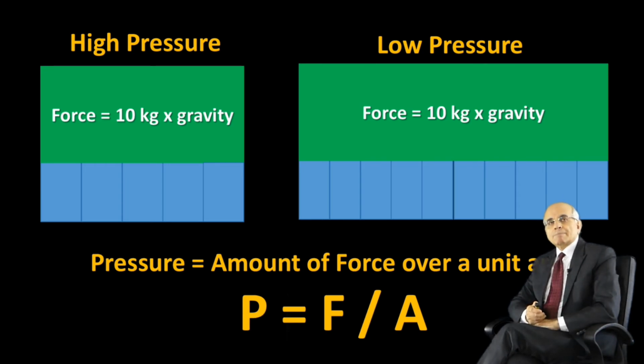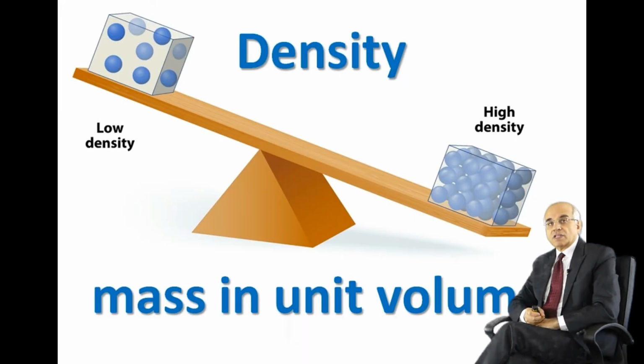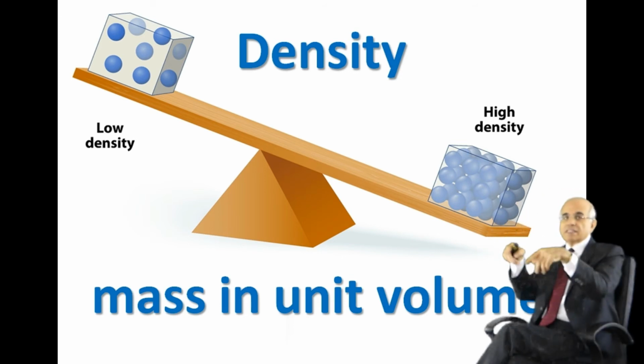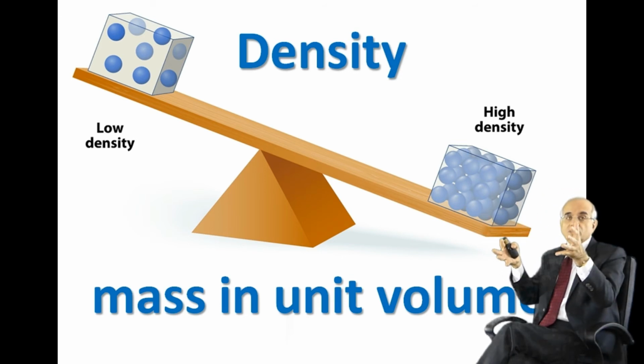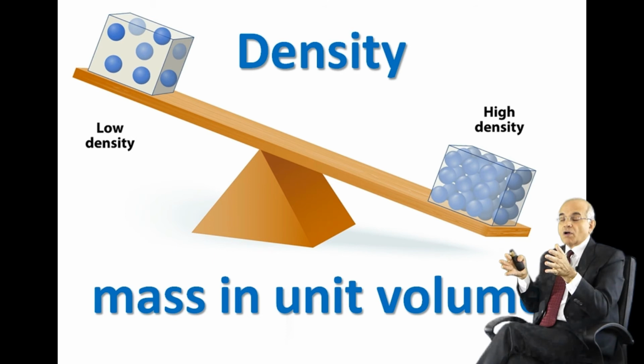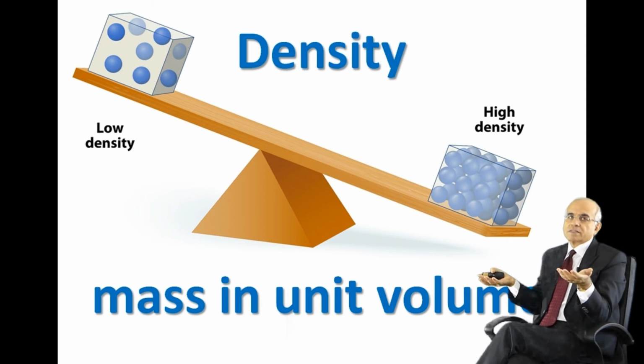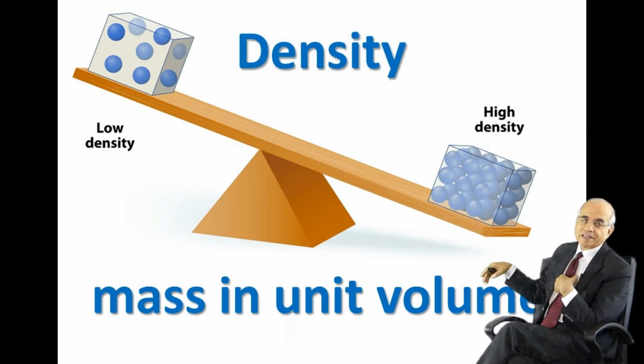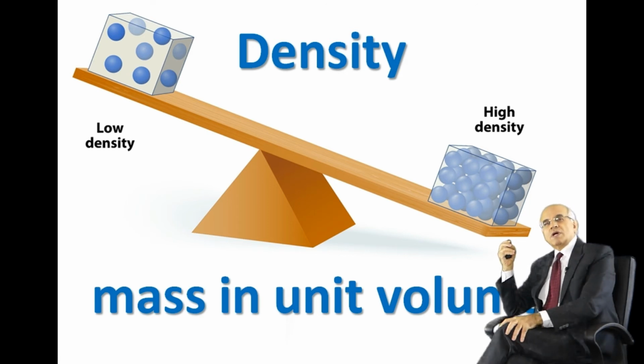How about density? You've heard of density. This is dense, this is not dense. If you take a sponge, a 10 centimeter by 10 centimeter cube of sponge, and you have a cube of iron, which one is heavier? Iron, of course. So if you put them on a seesaw, the iron will go down immediately. Why is that? We say because iron is more dense. What does density mean?